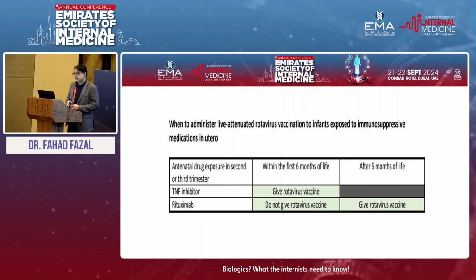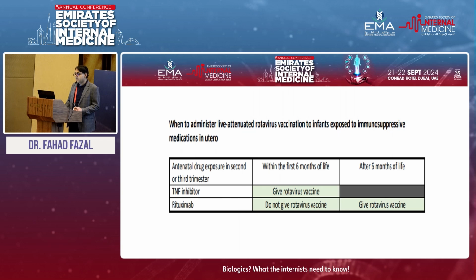Rotavirus is another important thing. As I discussed earlier, this concerns infants who were exposed to biological agents in the last 3 months of pregnancy or during the first 6 months of life. Rotavirus is a live vaccine.